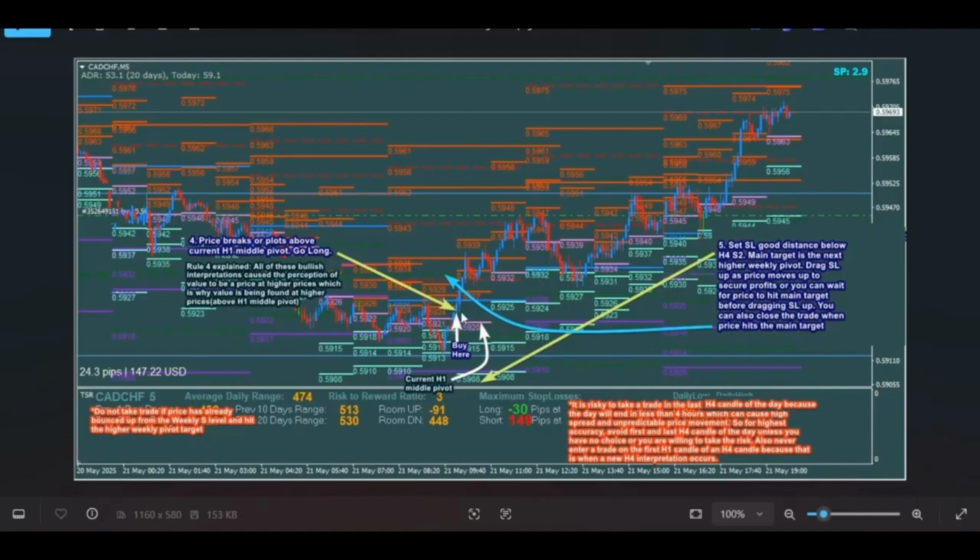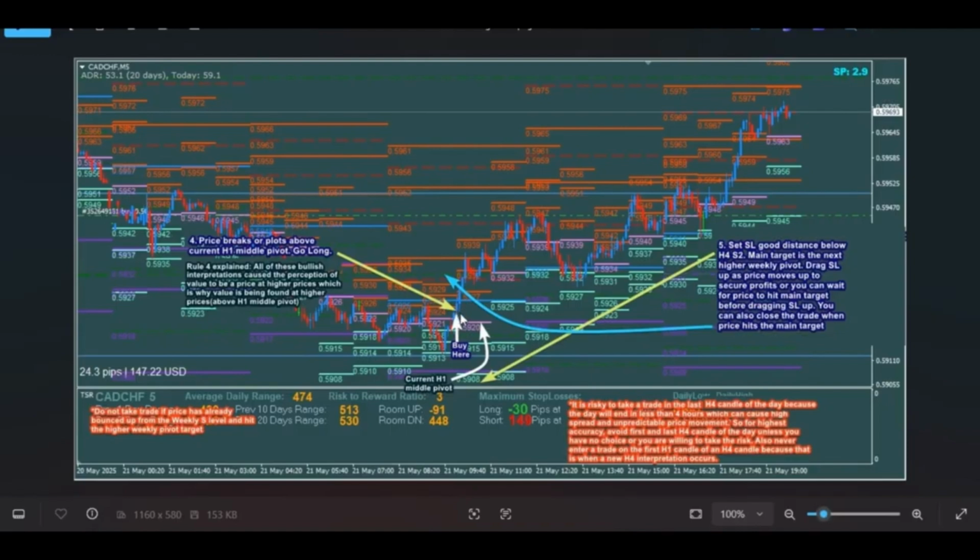Okay? And value being found at higher prices represents the final phase or the completion phase of the core progression of auction theory, which is interpretations form market sentiment, which forms the perception of value. And that perception of value leads to value being found. Okay?